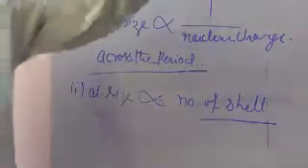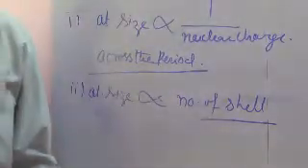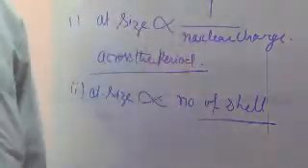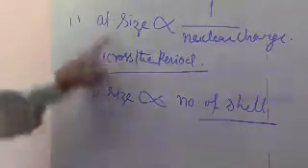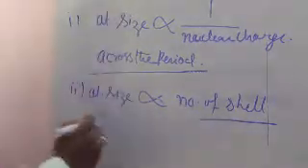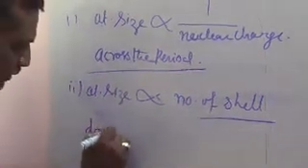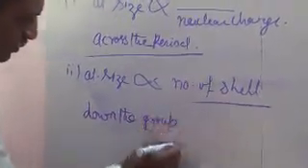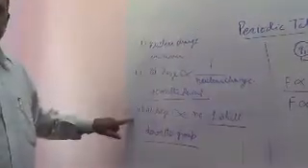Greater the atomic size, greater the tendency to lose electron. Greater the tendency to lose electron, greater the electropositivity. Greater the metallic character. And this is true down the group. These are the two important points.